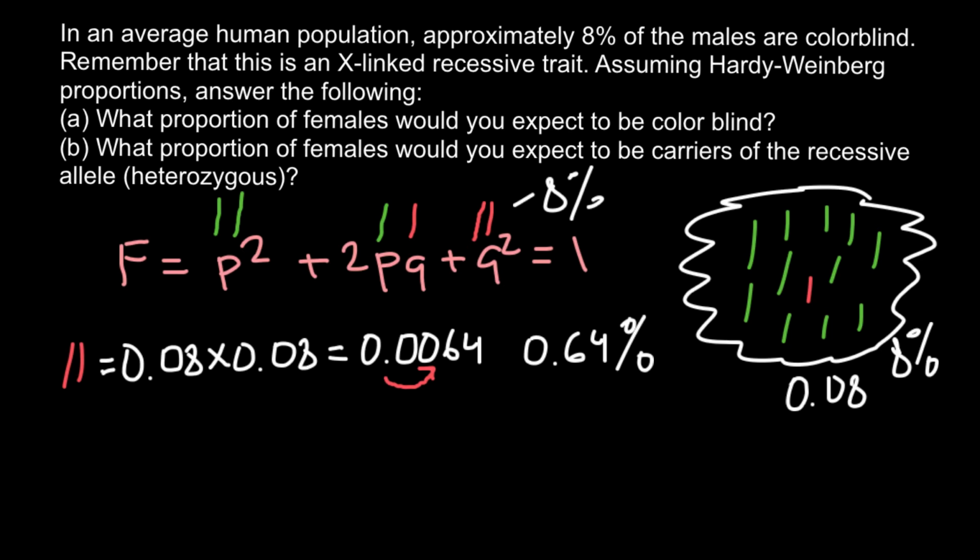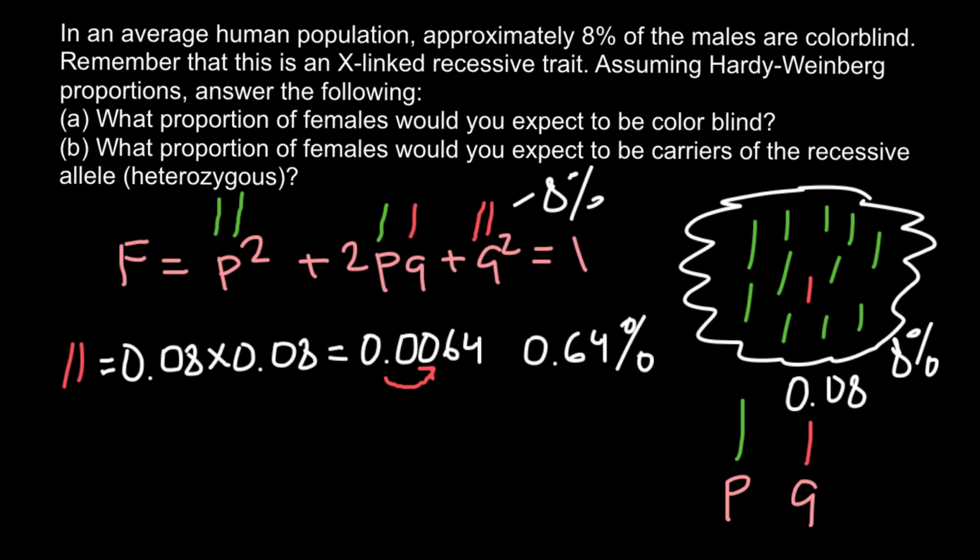Next question: what proportion of females would you expect to be carriers of the recessive allele, or heterozygous? According to our formula, we have alleles p and q. Allele p stands for the normal allele on the X chromosome, and recessive allele q means a defective X chromosome.